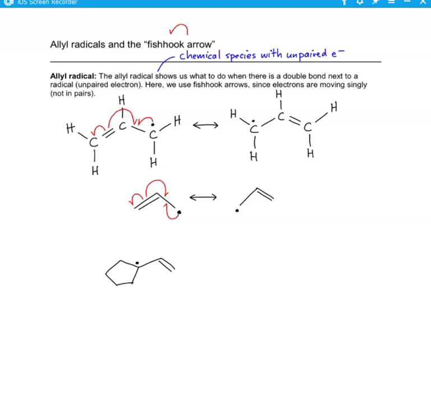Those are the features that you're looking for. So we have that right here. We have an unpaired electron at the allylic position. And so we'll do exactly the same thing with it that we did in the simpler example up above.